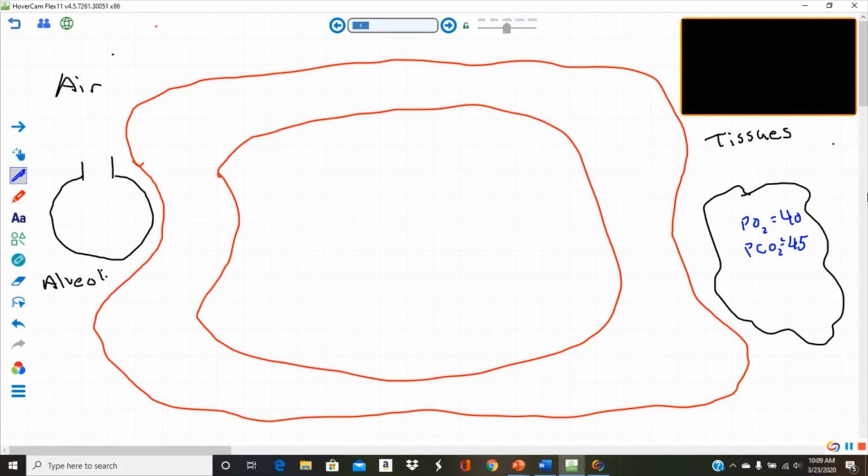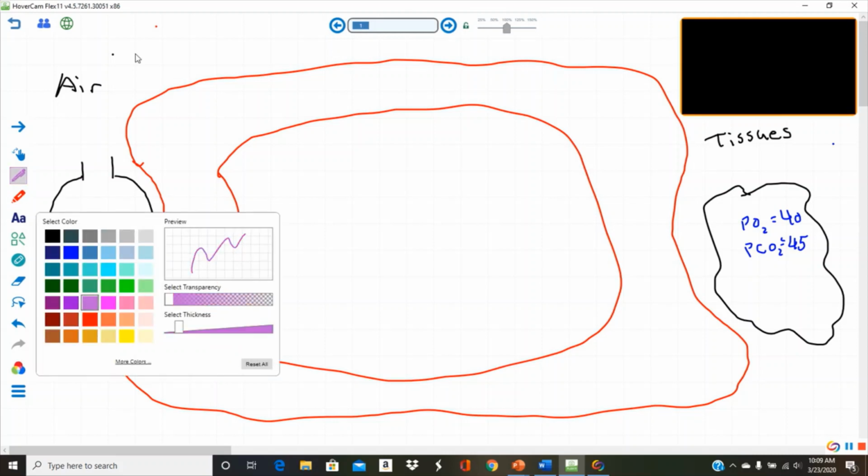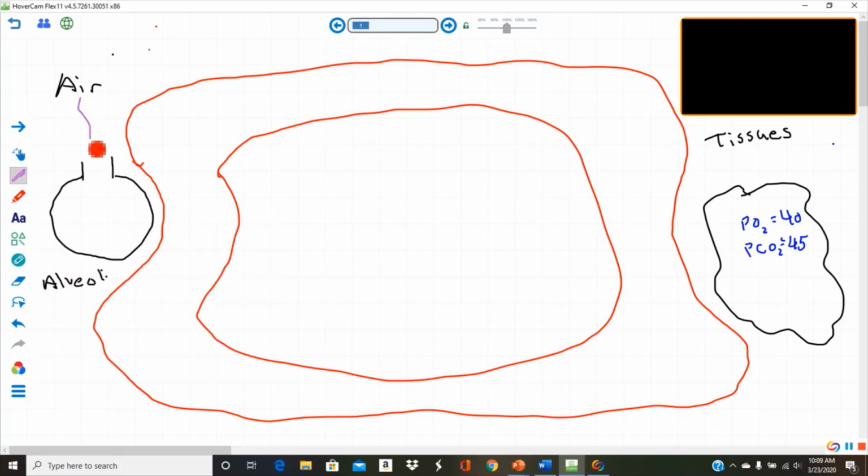Now, let's say in here in the alveoli, we breathe from our air. I hit red, I know, and I thought I clicked on that, but who knows anymore. Okay, so I need my pen, I need red.